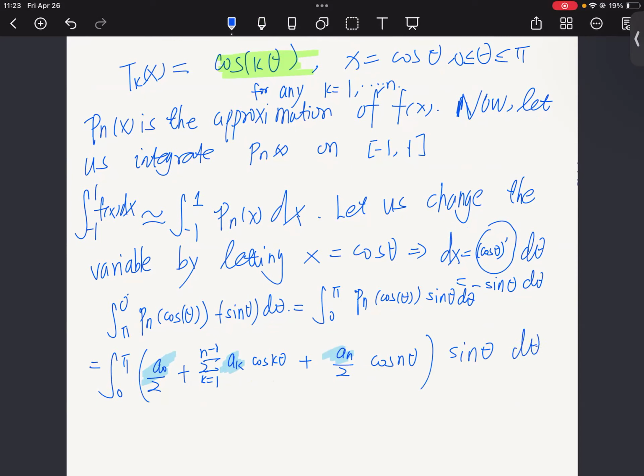Can you see this happening? This is the Pn(cosine theta), and then I just change the variable. Originally this is the Tk(x), but Tk(x) equals cosine k theta. And originally this one is the Tn(x), but I changed the variable, and then I got cosine n theta. And this one is just from here, the sine theta. I'll just copy that. And this is the calculation.